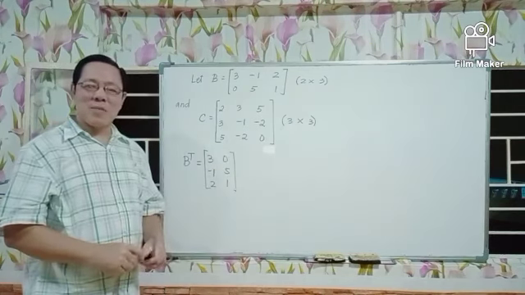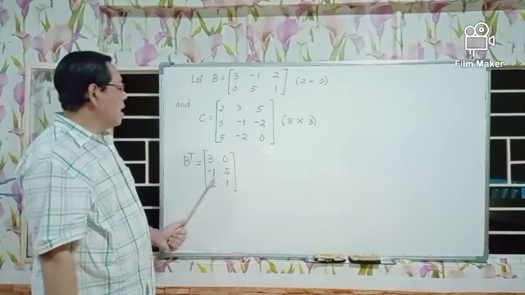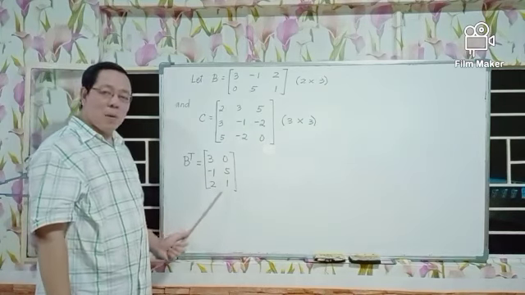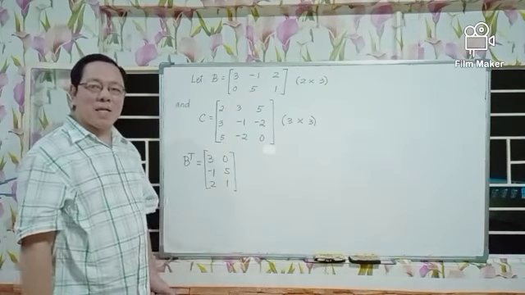And this is the transpose of matrix B, and the size is 3 rows and 2 columns, 3 by 2.